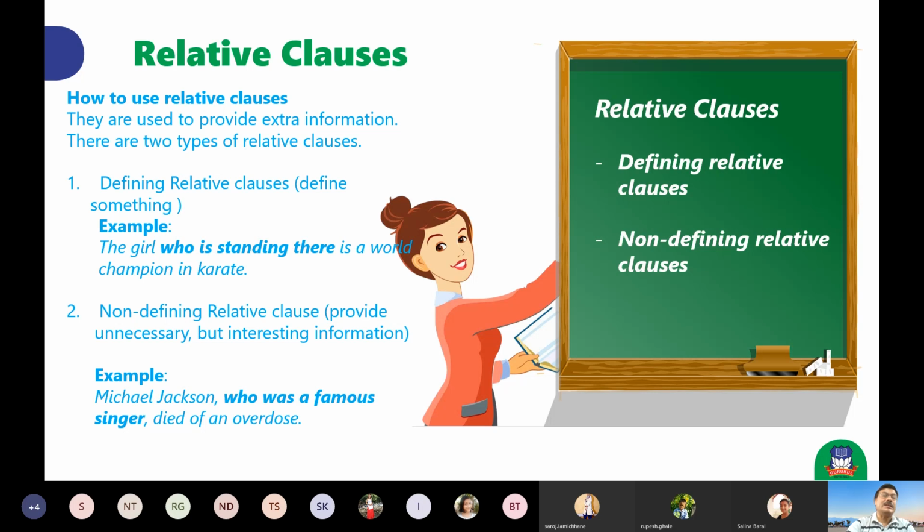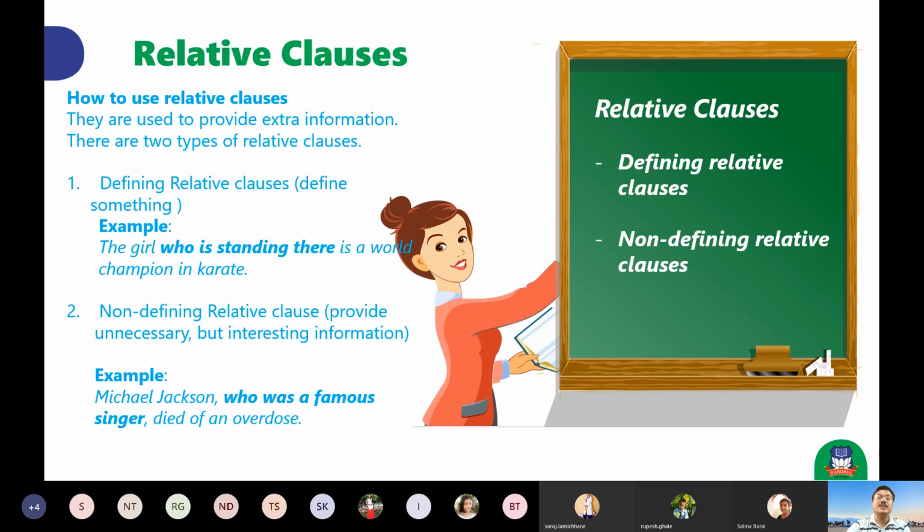So defining relative clauses define something. See the example there: The girl who is standing there is a world champion in karate. The girl is a world champion in karate is the main clause, but only with this the meaning is not clearly communicated. The girl needs to be defined.